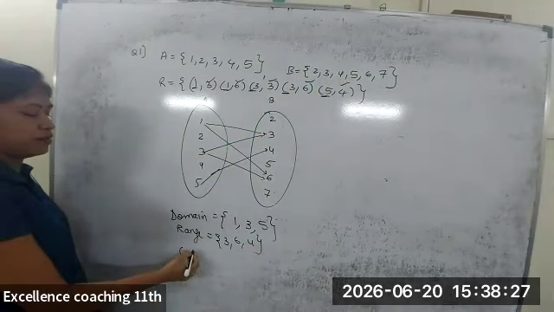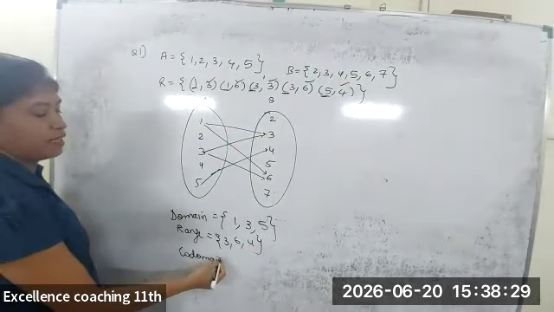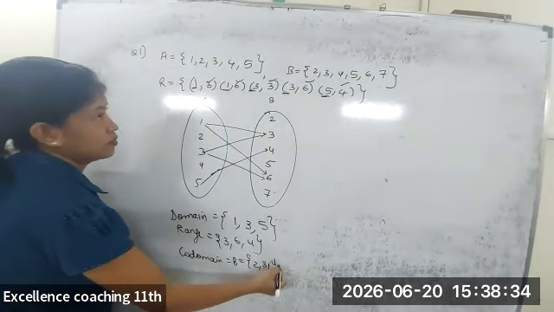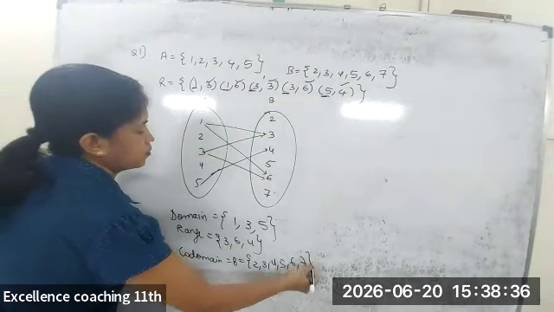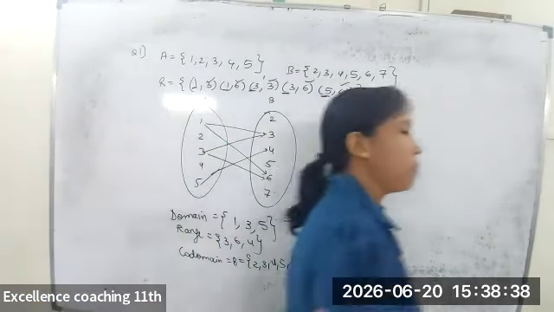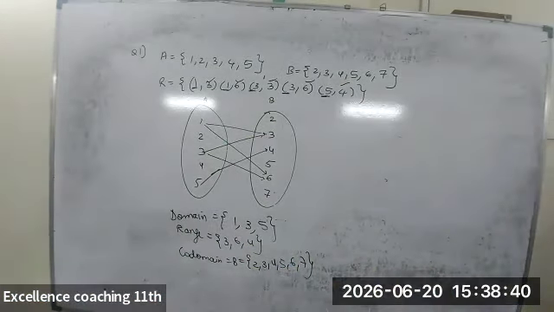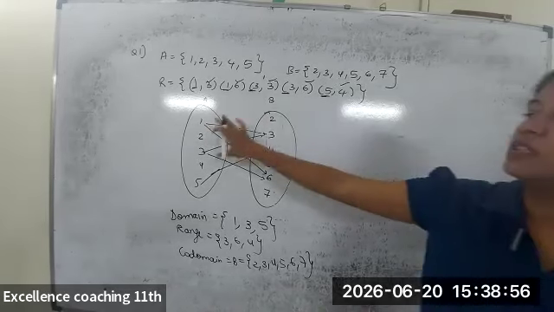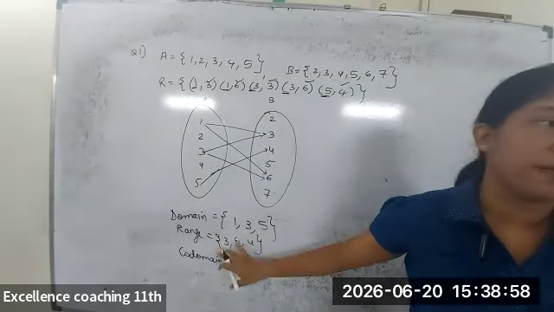And codomain will be the entire set B. This is how the question can come. Then second one, first question, any difficulty in this? Given the relation, this is how we draw arrow diagrams, domain, range.